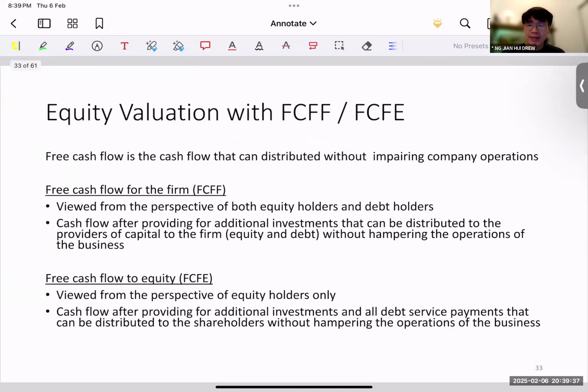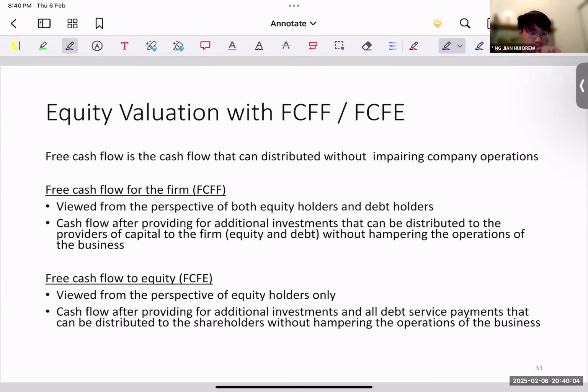Okay, so that's the first valuation method, DDM. Now let's go into the two more important valuation methods. It's not the most important, but more important in the sense that usually we use these: either the cash flow to firm or the cash flow to equity.